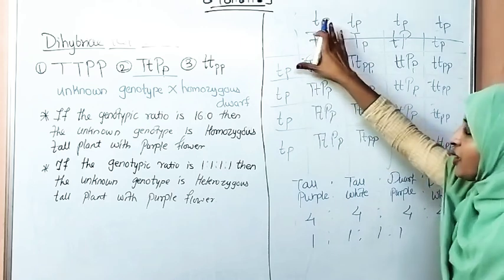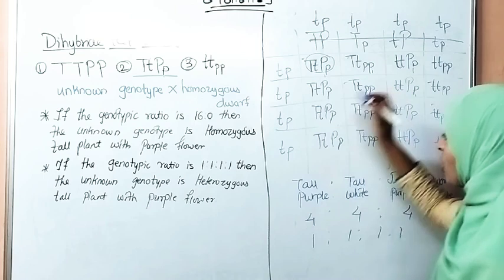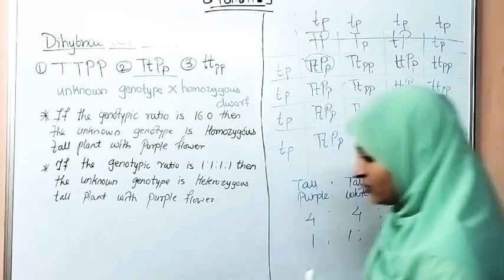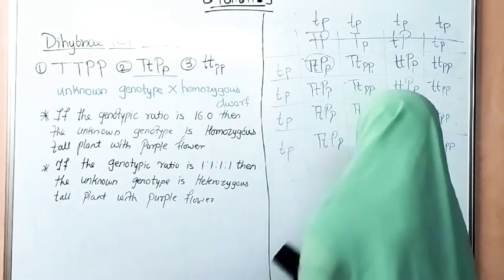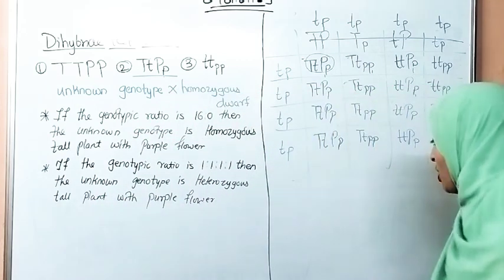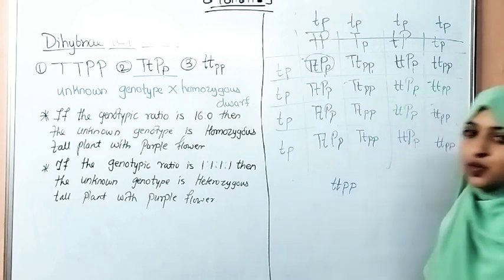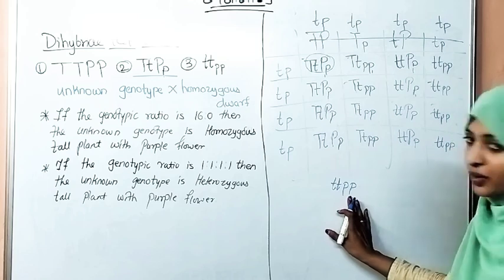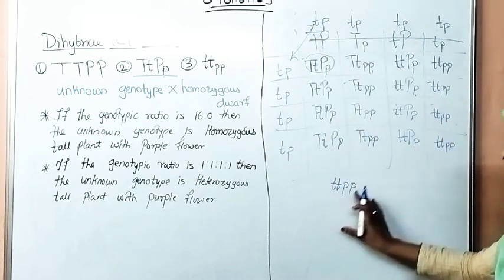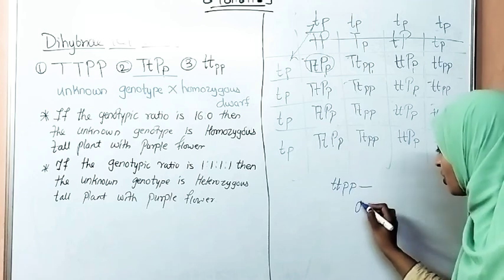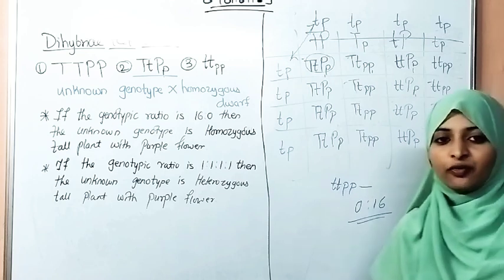If we cross small p with small p, we get all 16 offspring, a total of 16 offspring like small t and small p. If we take a cross between these two parents, we get 0 to 16 offspring, meaning dwarf plant with white flower.